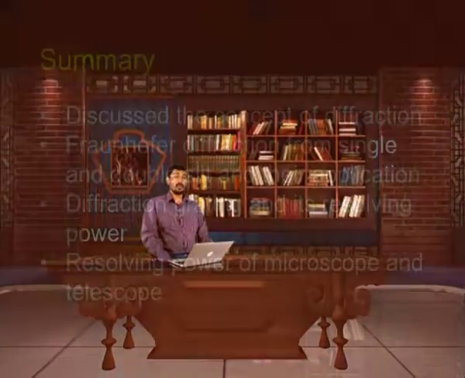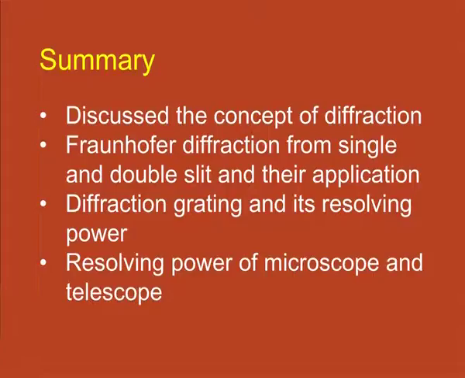In today's discussion we devoted ourselves completely to Fraunhofer diffraction, and the Fraunhofer diffraction from single and double slits was discussed elaborately, and we also discussed some of their applications. Then we discussed the diffraction grating and its resolving power, and by using the concept of resolving power, we also discussed the resolving power of the microscope and telescope.